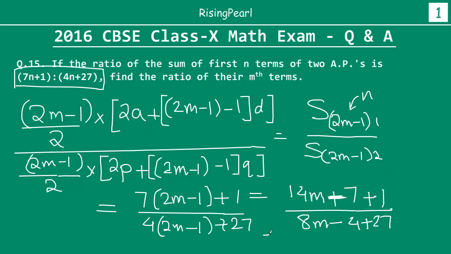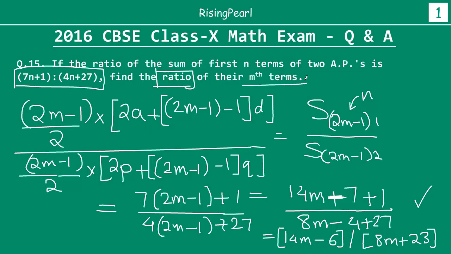So in other words, this should be equal to 14m, minus 7 plus 1 will be minus 6, so 14m minus 6, divided by 8m, plus 27 minus 4 will be 23. So if we have not made any mistake along the way, we get 14m minus 6 divided by 8m plus 23. So this should be the answer for the ratio of their mth terms.